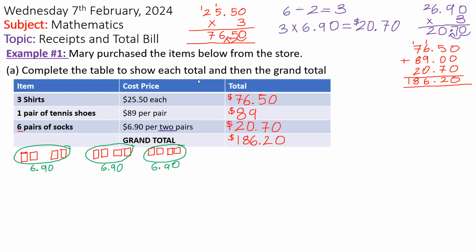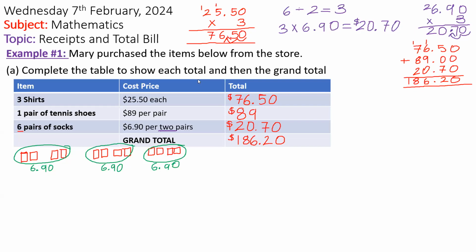For 1 pair of tennis shoes, you don't have to do anything because it says 1 pair, so it remains 89. For 6 pairs of socks, you divide 6 by 2, which gives you 3, and then multiply $6.90 by 3, which gives you $20.70.